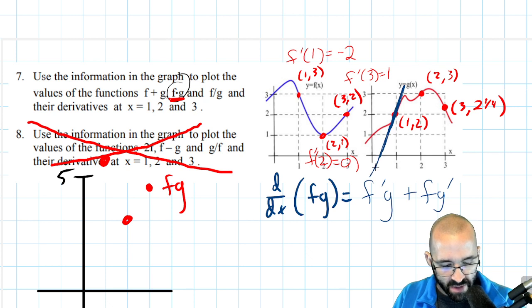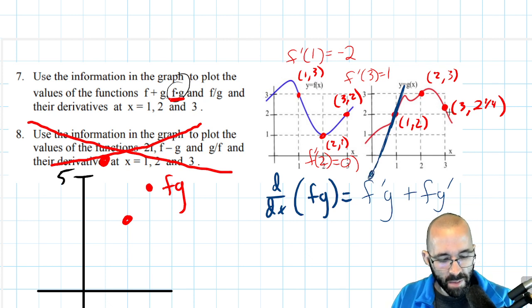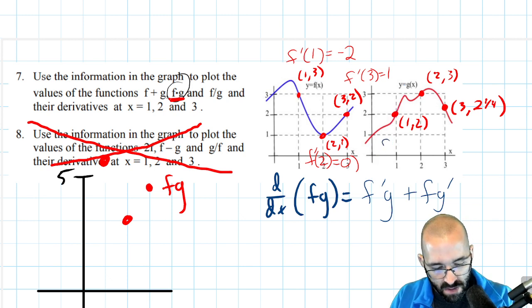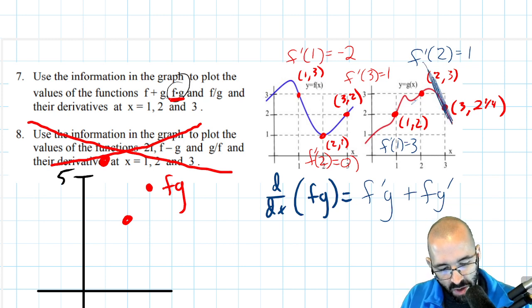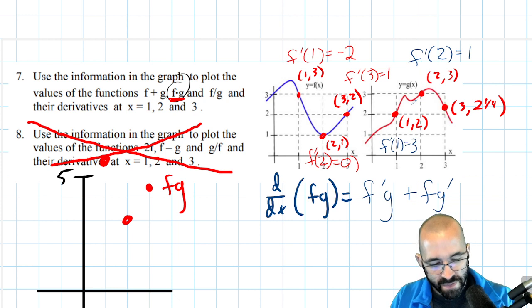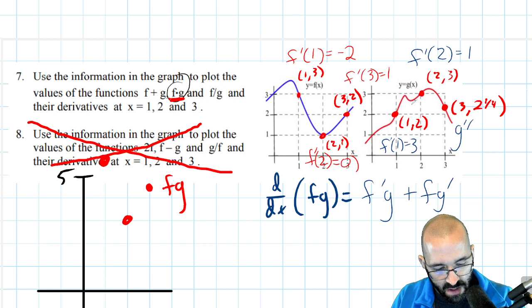When I look at it, slope looks like about +3. Over here, if I graph the slope, looks like about +1. And over here, if I graph the slope, looks about -2. Oh, I'm using F's. I should be using G's. All right, these are G's over here.